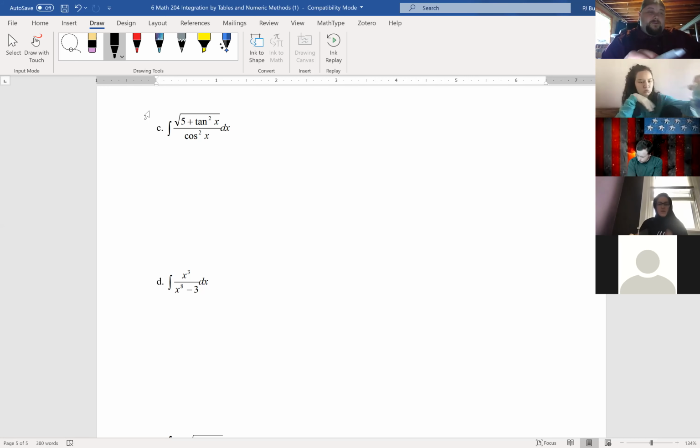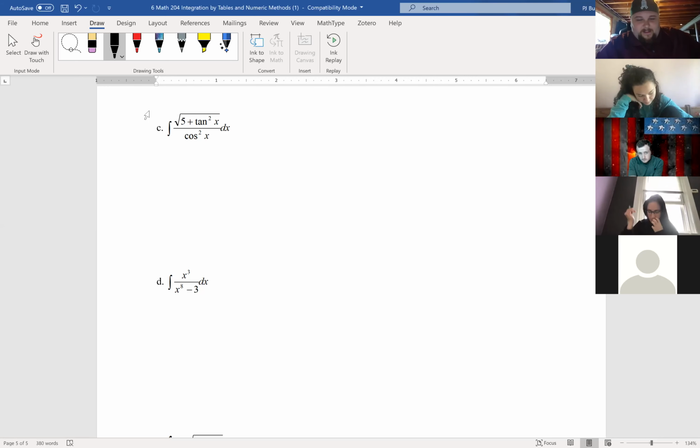All right. So C looks like absolutely nothing that you've seen so far. And if you were to scan through the table of integrals, you wouldn't see it there either. So we've got to change it around somehow to make it look like something in the table. I notice there's something plus tan squared up here. So I'm guessing I'm going to have to make some substitution for tangent.